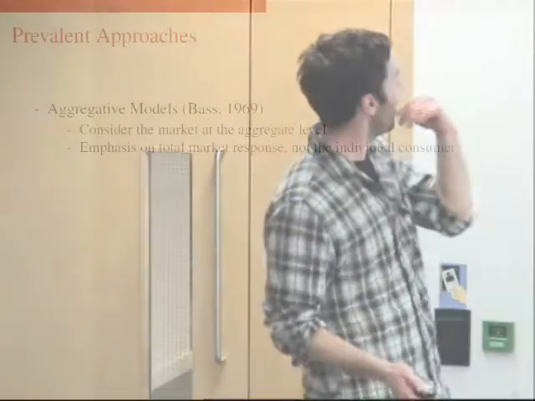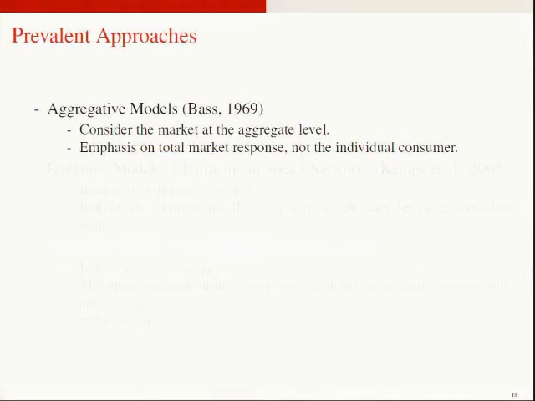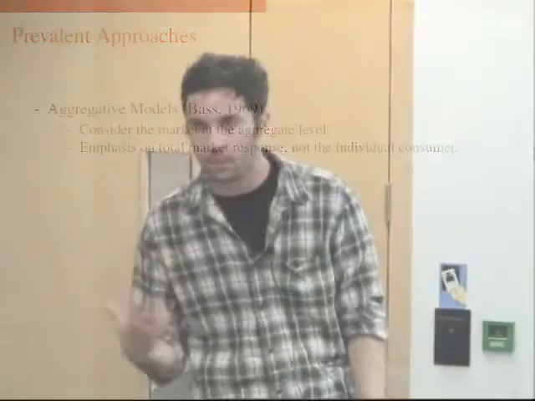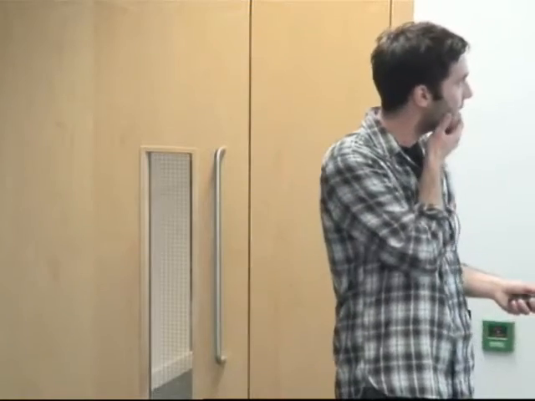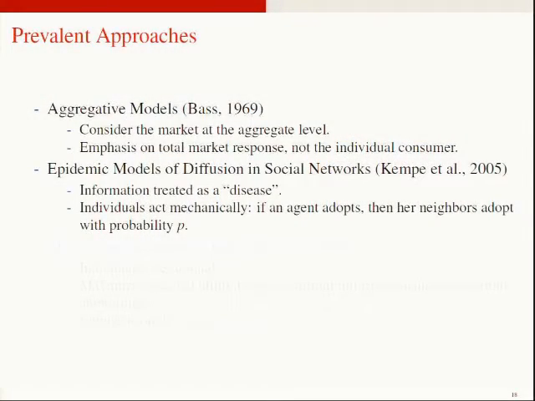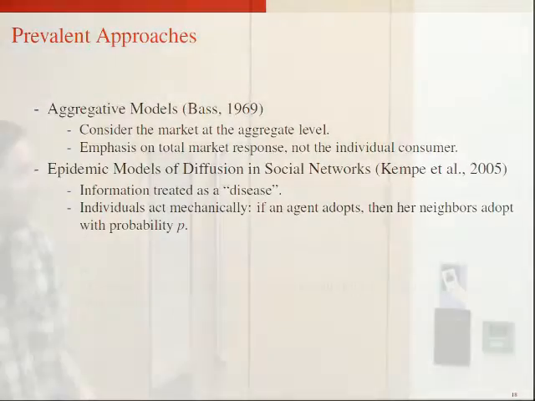Okay? All right. So there are many approaches in studying information aggregation and propagation in networks. The most prevalent one would be that of aggregative models, which consider the market at an aggregate level. And they do not really look at individual incentives or local network effects. Okay? There's another line of literature which is very popular in the CS community that treats information as a disease.